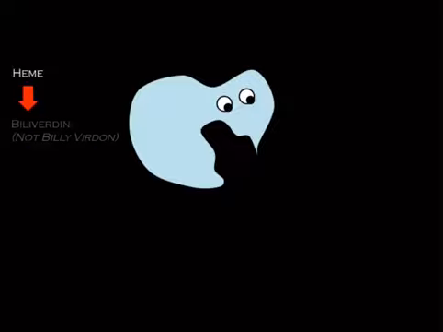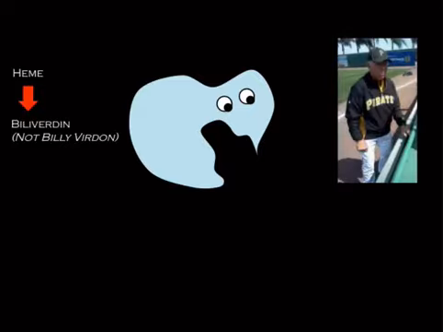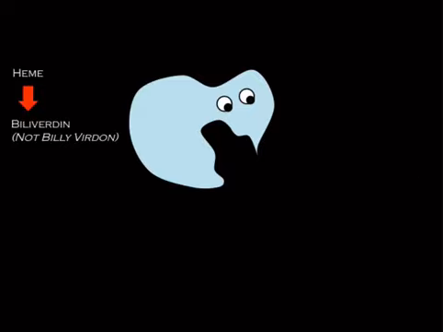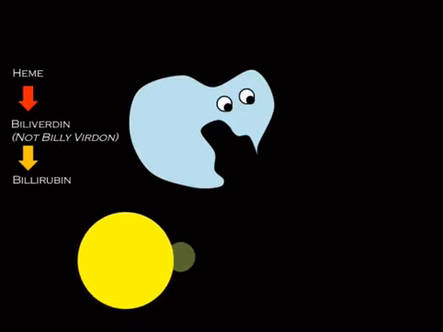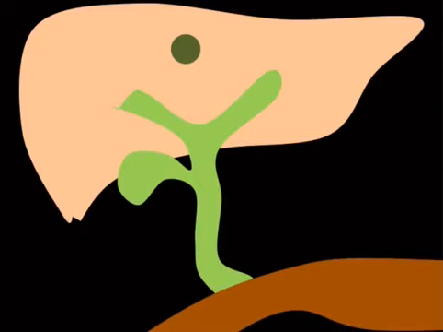So your heme gets turned into biliverdin, and the biliverdin gets converted to bilirubin, which then gets pooped out, attached to some albumin, and this albumin transfers it to the liver, where it ends up getting processed further and pumped through the bile into the small bowel and then pooped out.